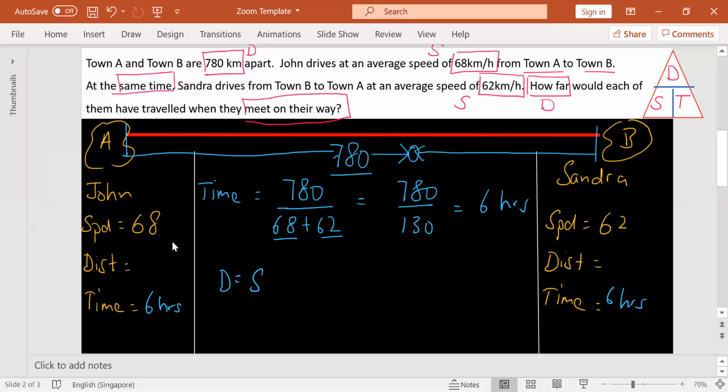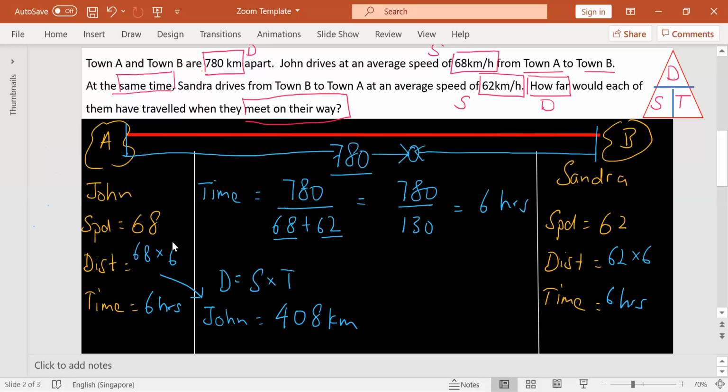And then the rest is quite simple because in order to find the individual distance, we take distance equals speed times time. Therefore, 68 multiplied by 6 hours, and over here is 62 multiplied by 6 hours. So we have John's distance as 408 kilometers, okay, over here.